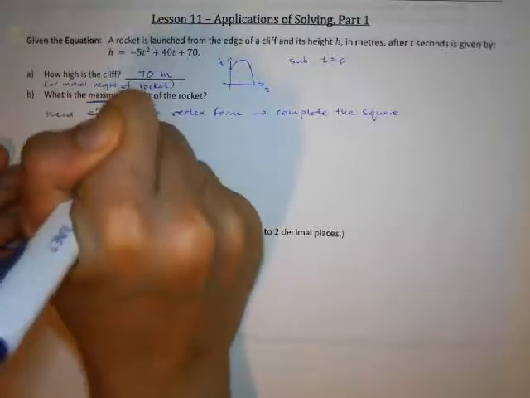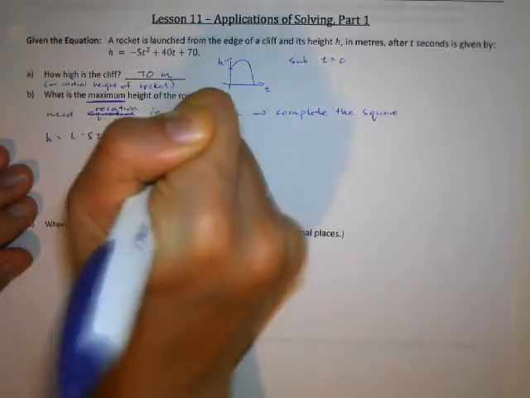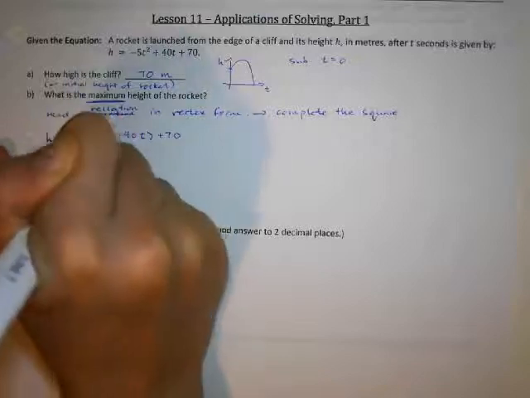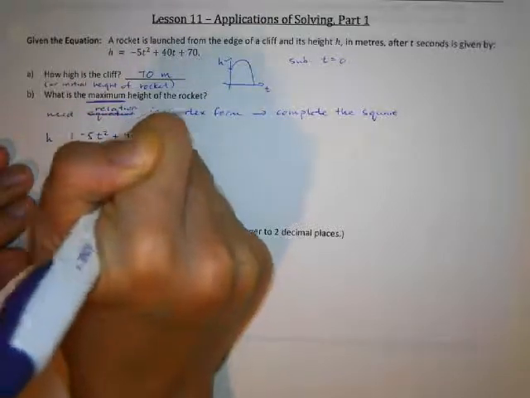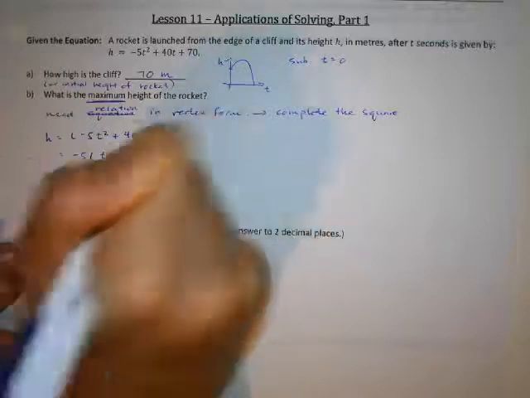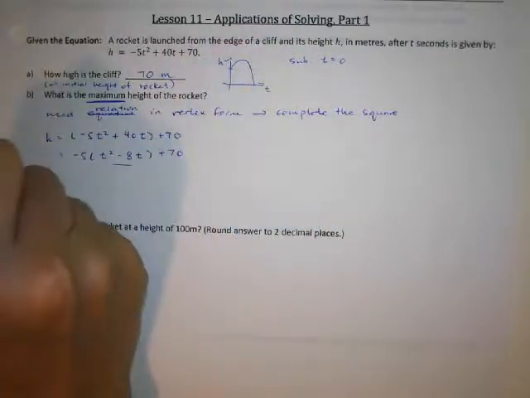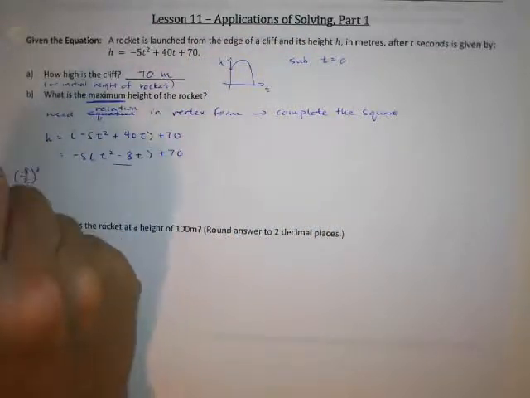Put the first two terms. A is negative 5. Take b divided by 2 squared.